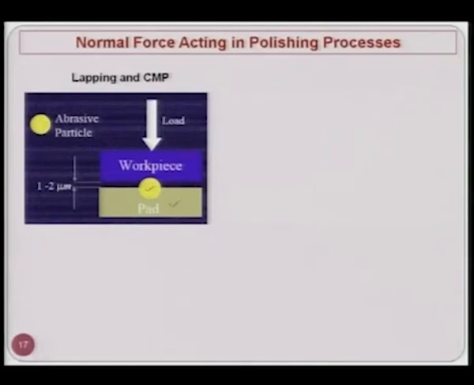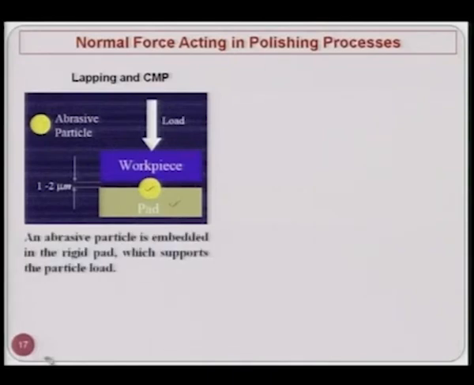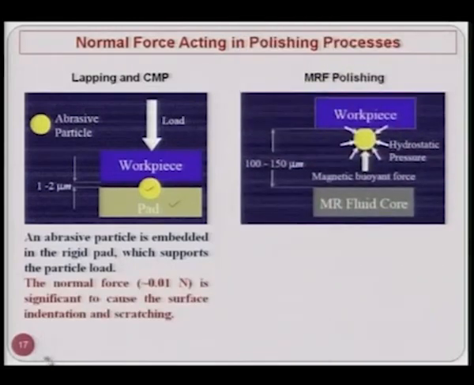The gap between the two is just 1 to 2 micron, while here an abrasive particle is embedded in the rigid pad, which we all know is true in the case of the lapping process. In CMP also, there are abrasive particles on the pad which support the particle load.